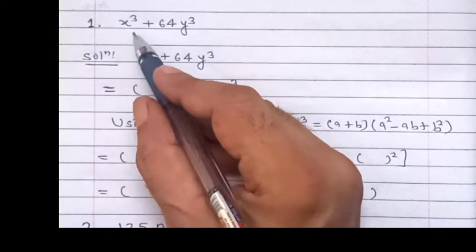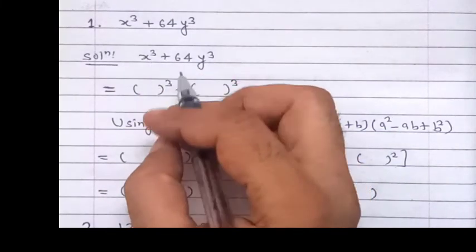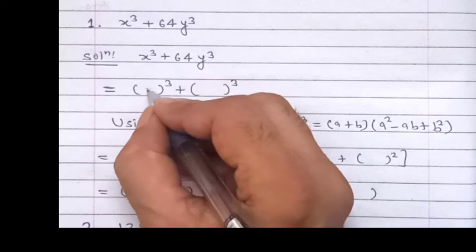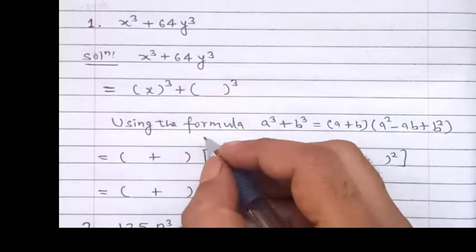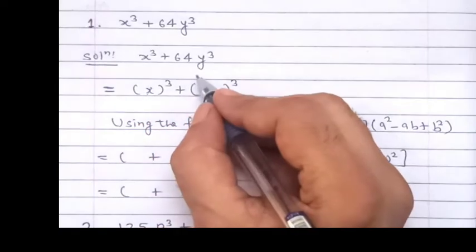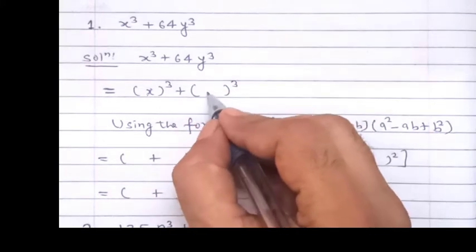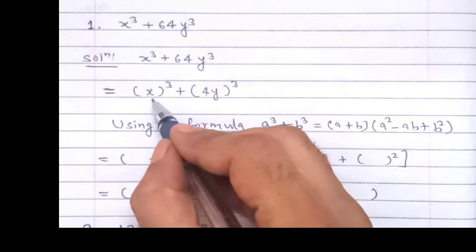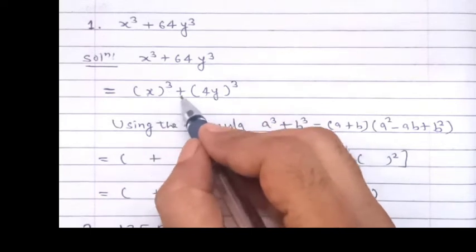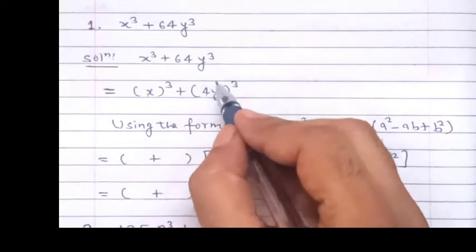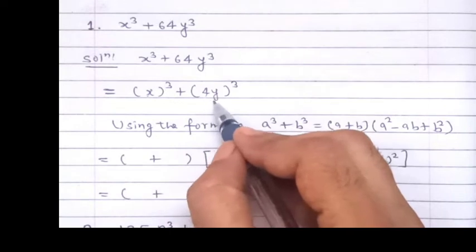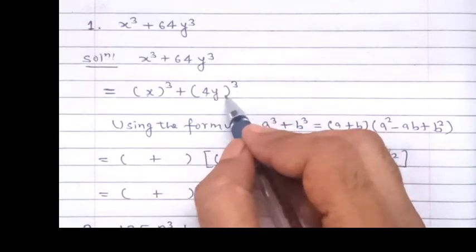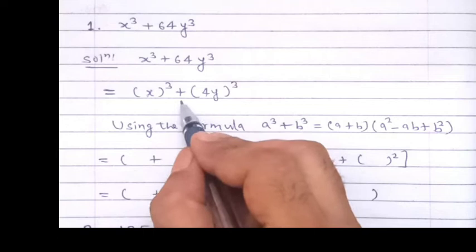So x cube is x the whole cube, whereas 64y cube is 4y the whole cube. So the first expression can be written as x cube plus (4y) whole cube. Now it is in the form of a cube plus b cube.